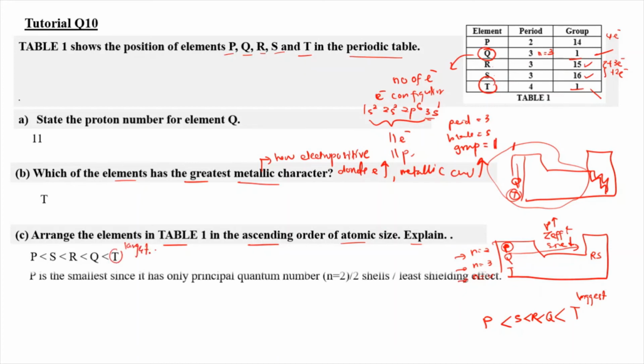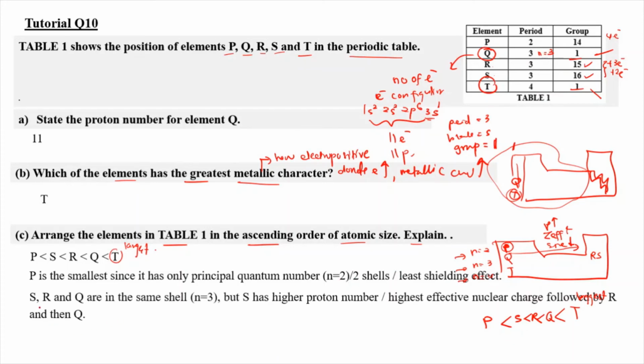So the way that you can explain that, you can say that P is the smallest since it has only principal quantum number n equal to 2, or it has 2 shells and the least shielding effect. Meanwhile, S, R, and Q are in the same shell, which is n equal to 3. S has the highest proton number, so it has the highest effective nuclear charge, followed by R and then Q. That's the reason why we have the sequence here.